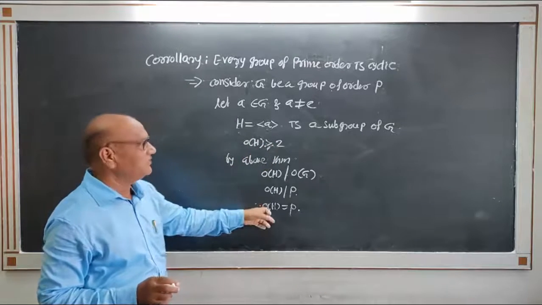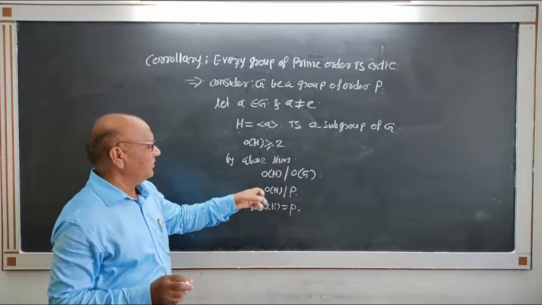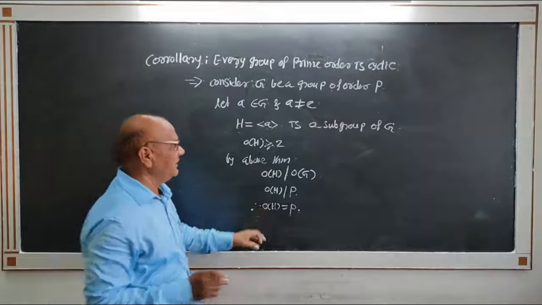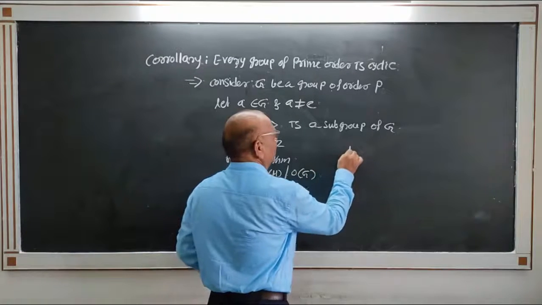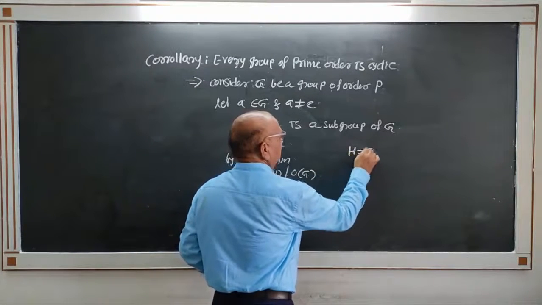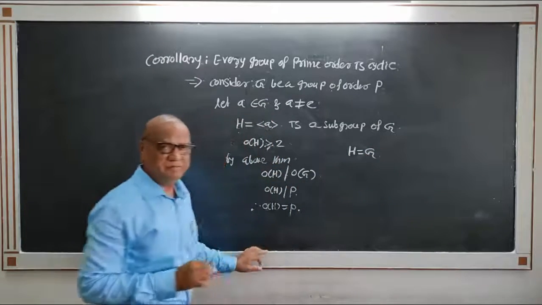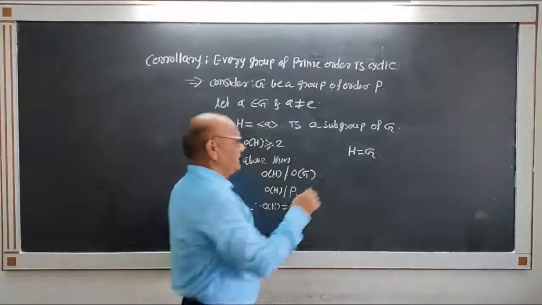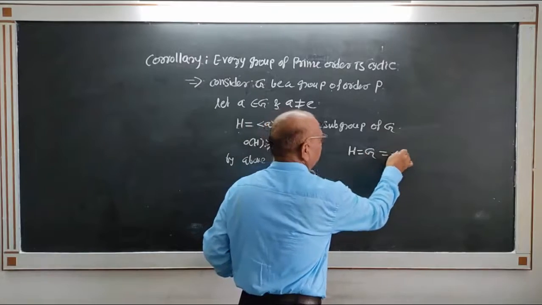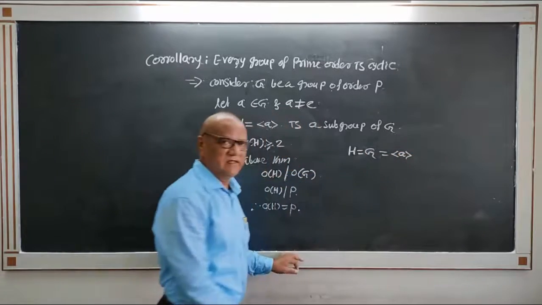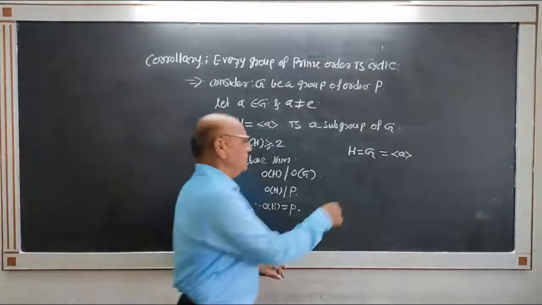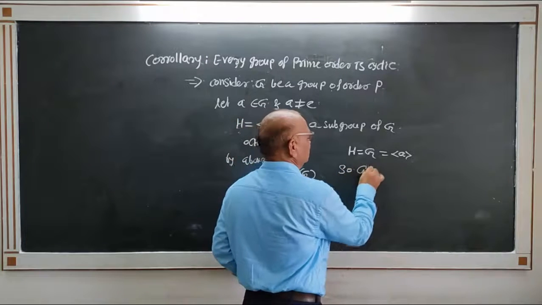So it must be equal to P. Therefore H is equal to G, and H is cyclic, and so G is cyclic.